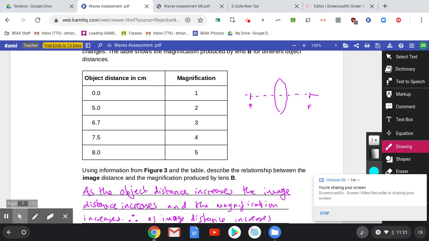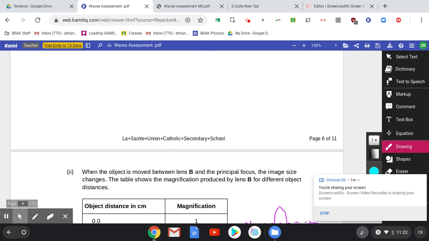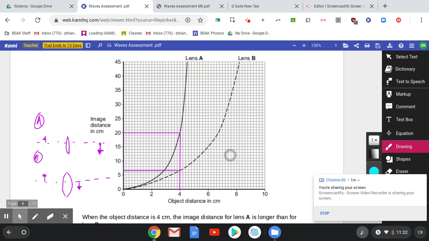The question asks for the relationship between the image distance and the magnification. This data shows the relationship between object distance and magnification. So we must go back to the graph and make the link between image distance and object distance first.